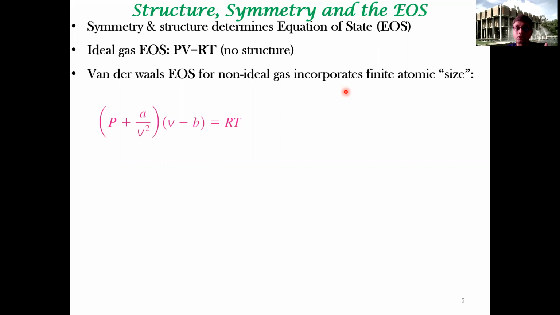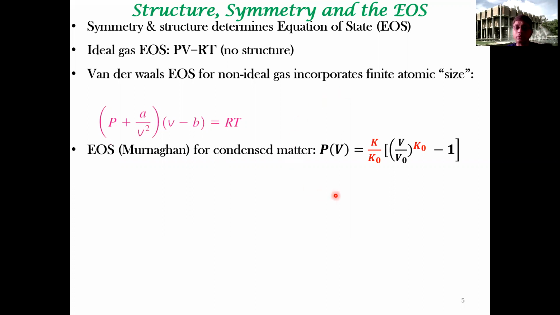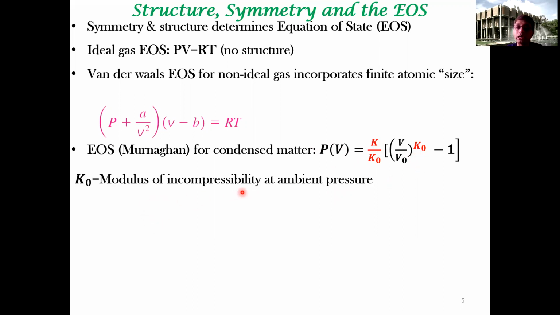When I go to a solid, I said that there is a broken symmetry in a solid. The continuous translation symmetry has been broken to discrete translation symmetry. This breaking of symmetry introduces additional complexity and additional material properties too. If I look at one of the simplest equations of state in a solid, even in condensed matter, high pressure, an amorphous liquid, let's say, my pressure as a function of volume is connected to what is called the modulus of incompressibility.